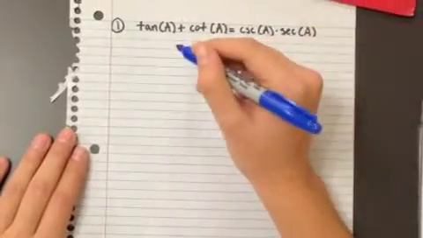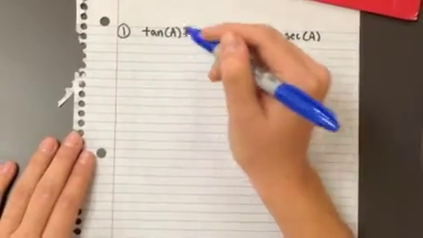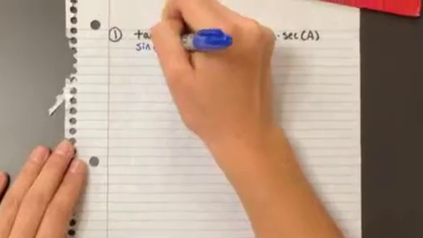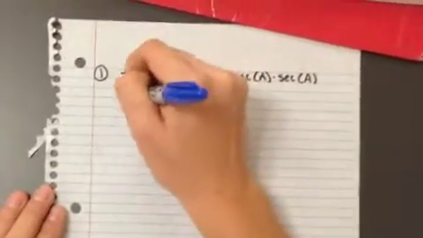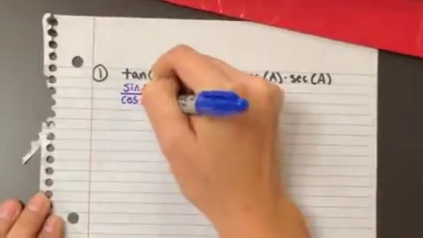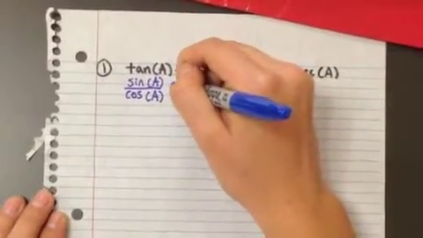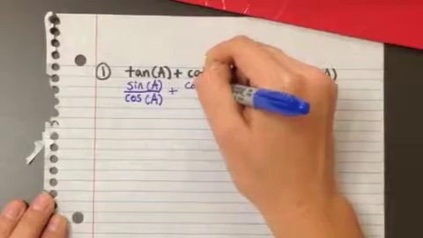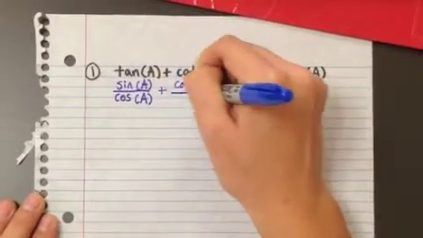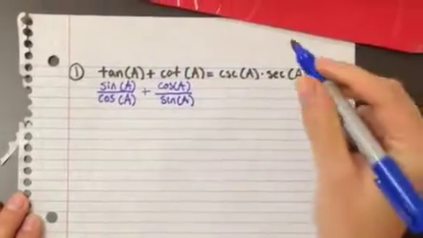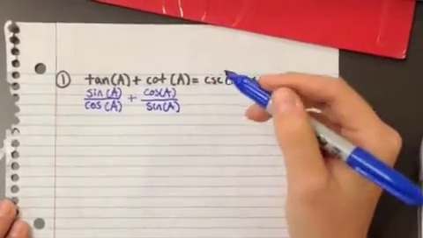The first step is to substitute tangent of A with sine of A over cosine of A, and to substitute cotangent of A with cosine of A over sine of A. We can do this because of basic trig identities.